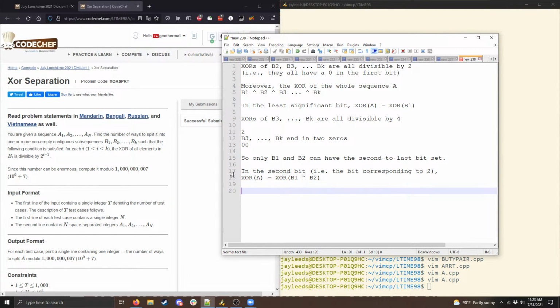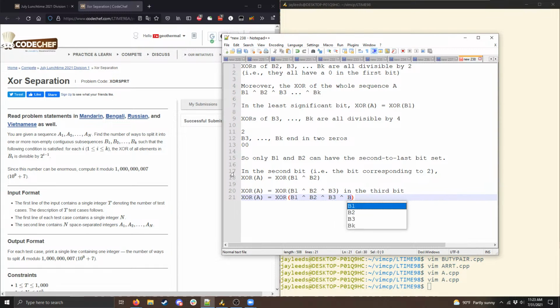And we can generalize this. So what we can say is the XOR of A is equal to the XOR of B1, XOR B2, XOR B3 in the third bit, and so on, and B1 XOR B2 XOR B3 XOR B4 in the fourth bit, and so on.